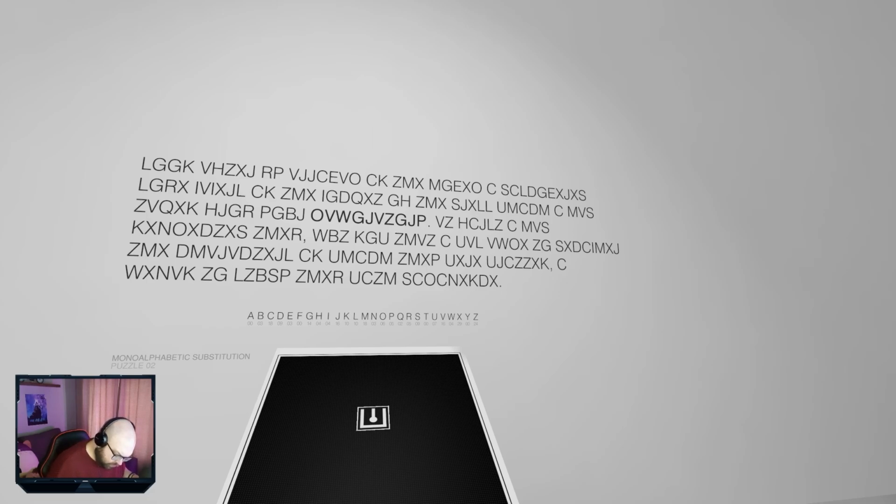So RP is my. C. We've got CK and we've got C. So C is either I. But how many C's are there? 18. Do we have any other ones with a C in it? That's a small word with C in it.